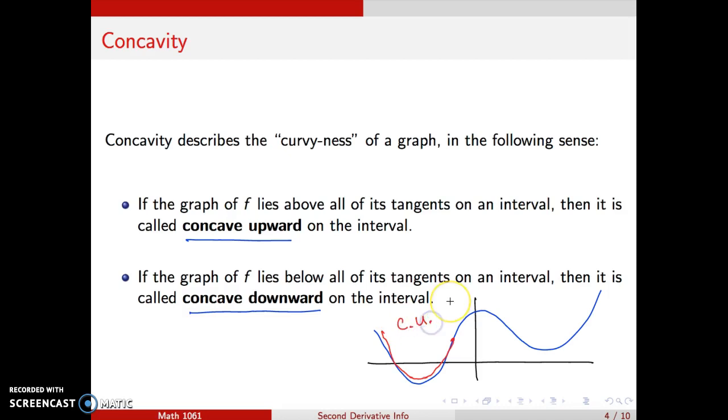And I'm out of space, so let me just say concave up. And out here, concave up. And what we said in terms of the tangents, if you look, tangent line, tangent line, tangent line, tangent line, it's always below that red part of it, the graph of the function.